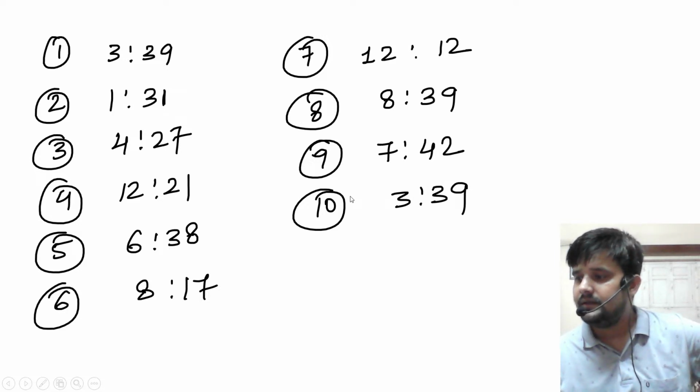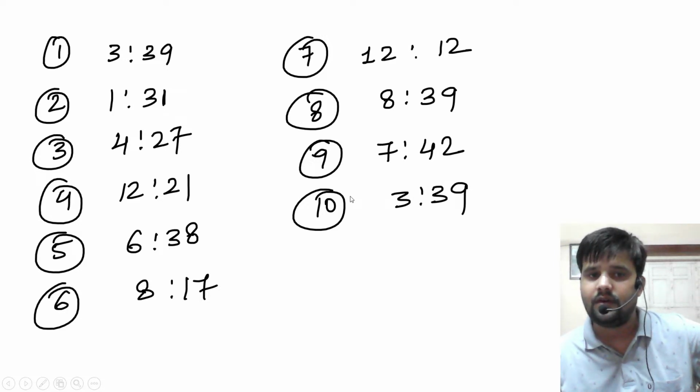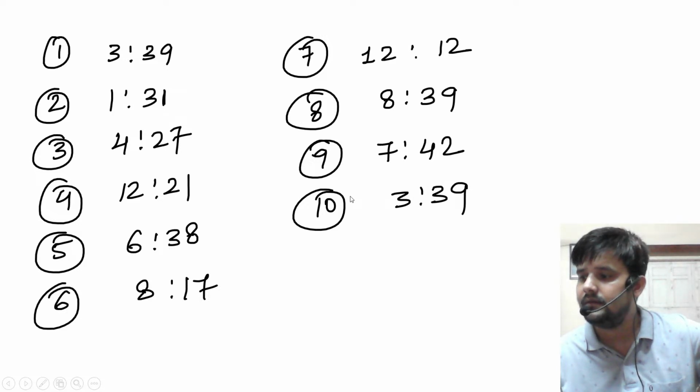Okay, Devsan answered 7th is 1148. Yes, it is correct. Then 9th is also correct. 10th is also correct. Very good, Devsan. I need participation. It is like that only when you comment the correct answers.